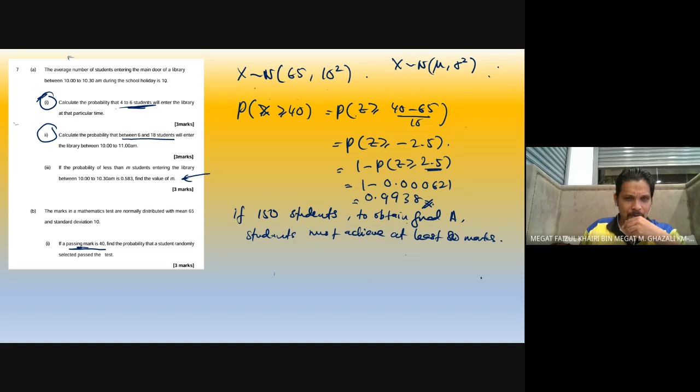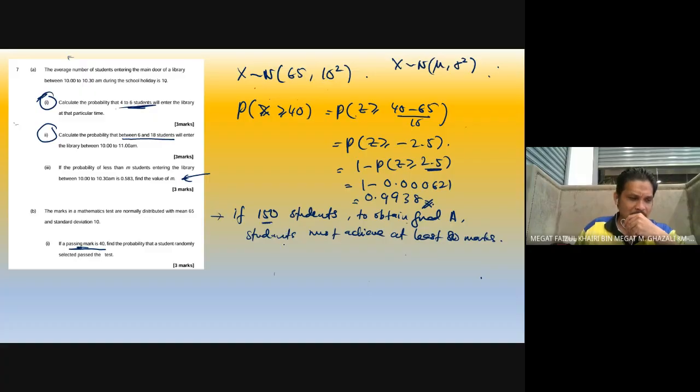So this is the question: find the number of students who obtain grade A. If 150 students took the test, to obtain grade A, they must achieve at least 80 marks.